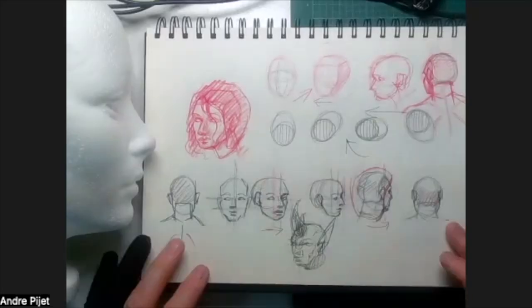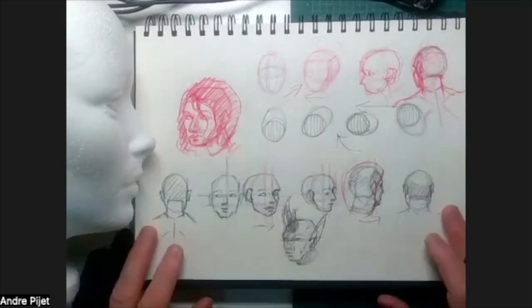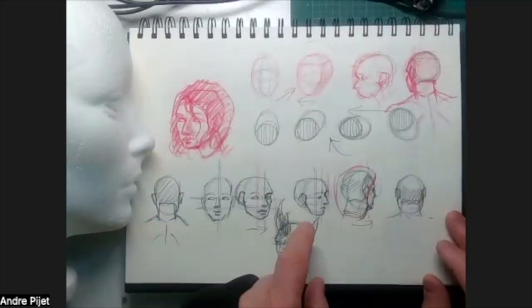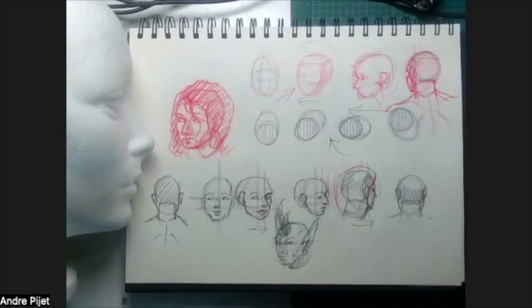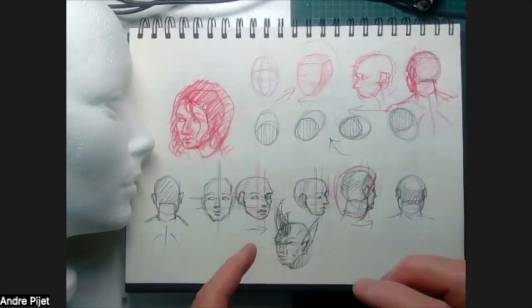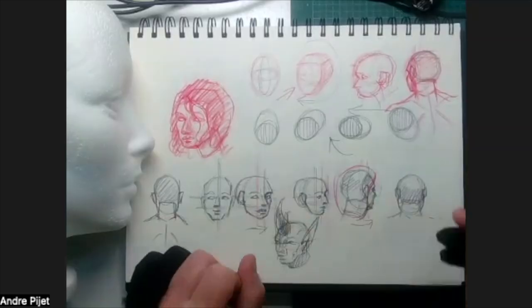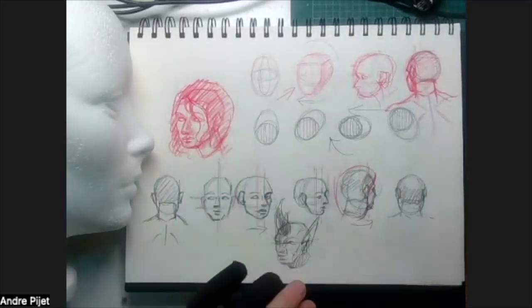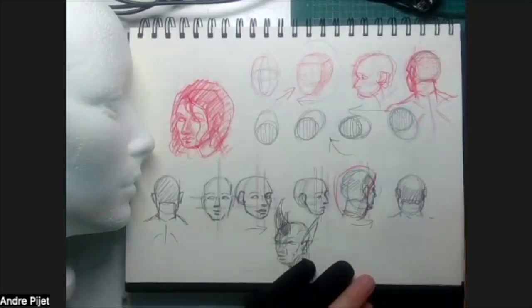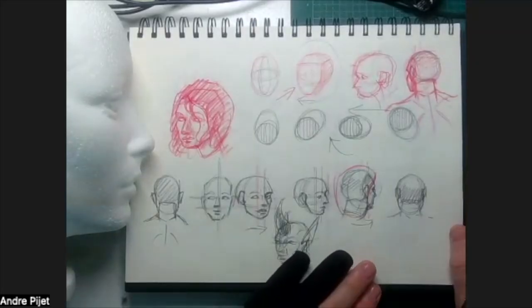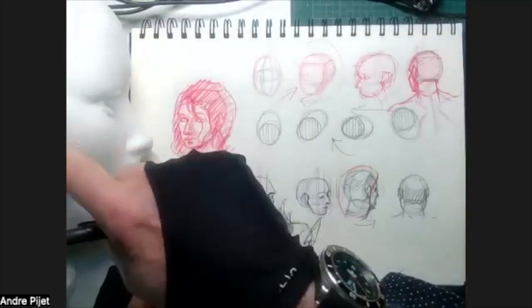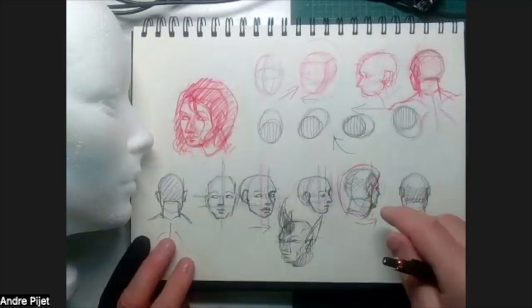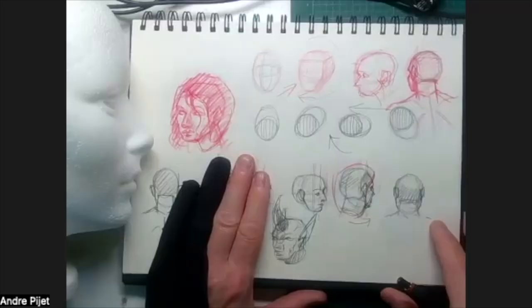So you can modify the head afterwards any way you like, and add horns or not, whatever is your case. So if you know this principle of how to draw the head in different angles, when you turn the head, you're going to compose anything you want from the imagination. You don't have to look at models or anything. But before you do that, you have to practice that way.